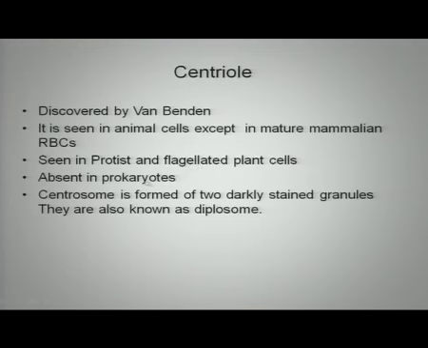It is totally absent in prokaryotes. Centrosome is the portion formed with the help of two darkly stained granules called centrioles, and since they are two in number, they are known as diplosome.